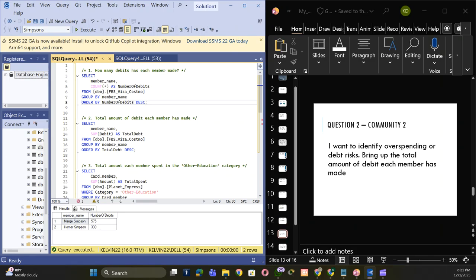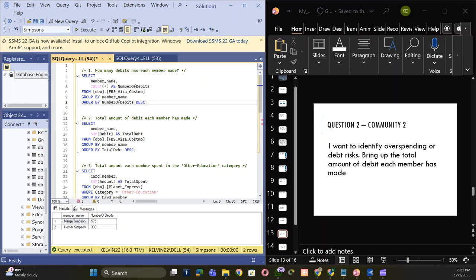I want to identify overspending or debt risk. Bring up the total amount of debit each member has made. With this second query, what it does is add up all the debit amounts for every family member.